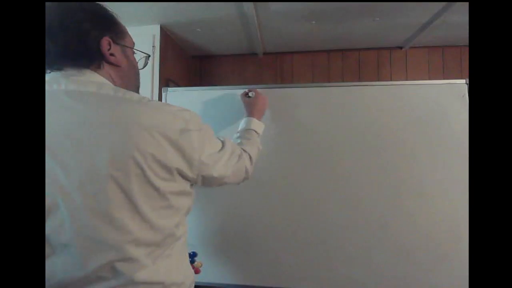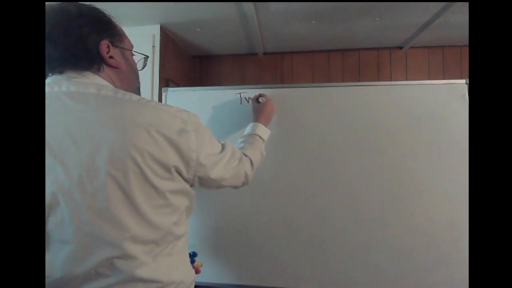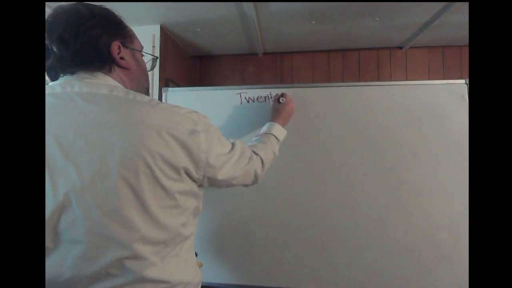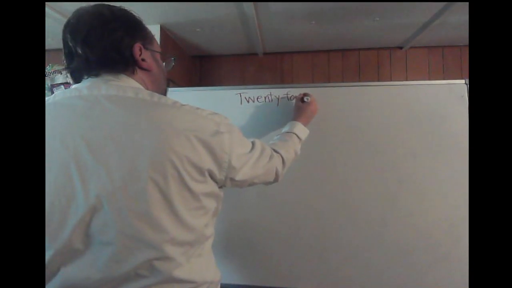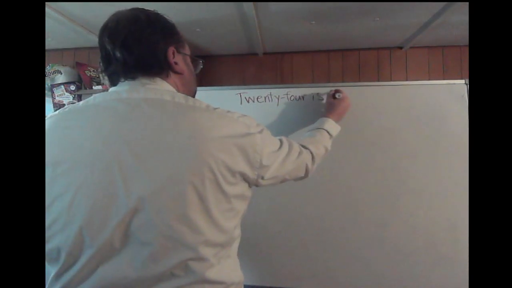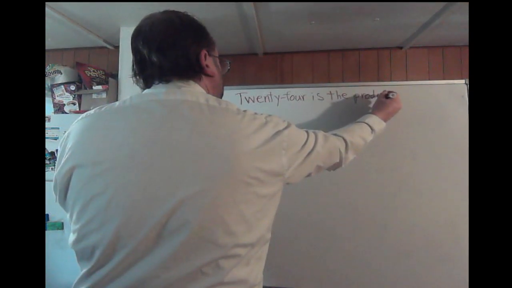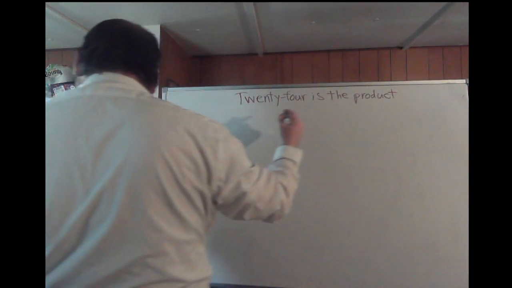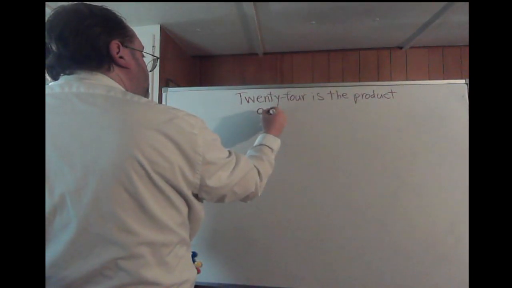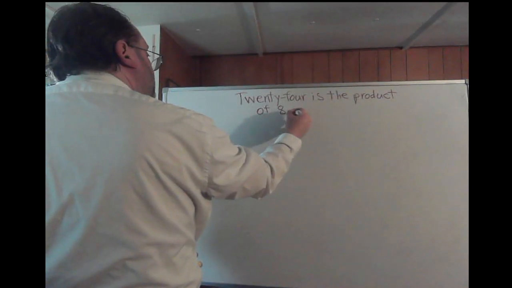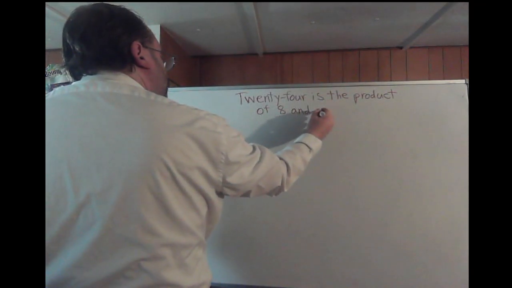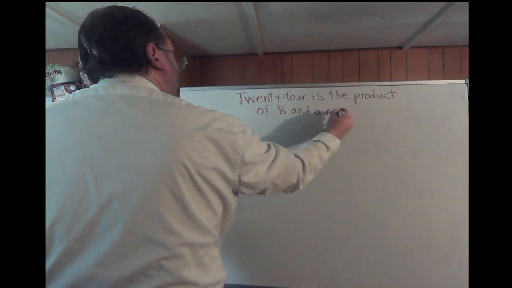Alright, got two more problems here. Alright, let's see. 24 is the product of 8 and a number.